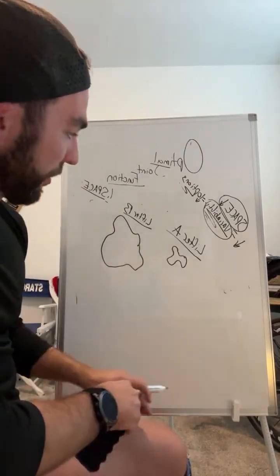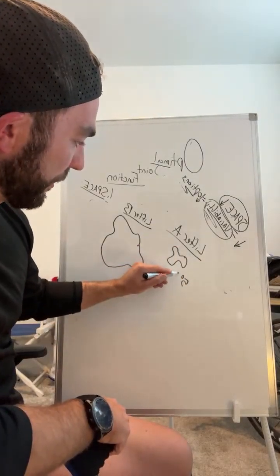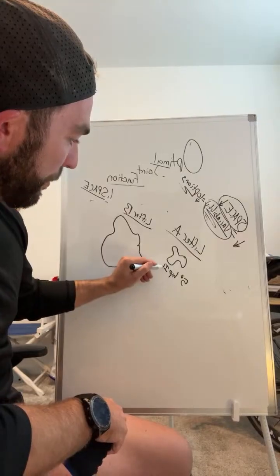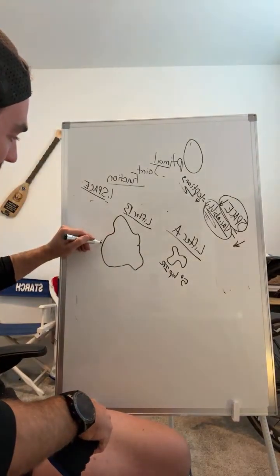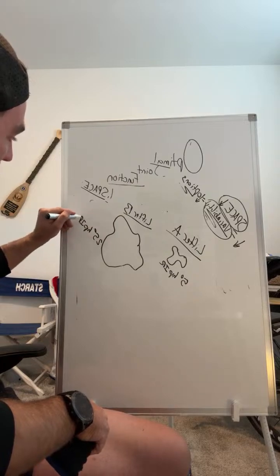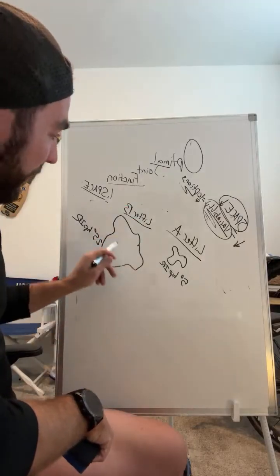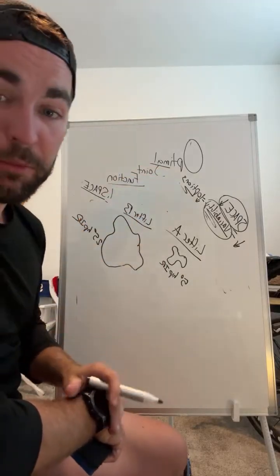Well, here's what we have to understand: lifter A, let's say, has 5 degrees of hip rotation, okay? So let's say it's hip internal rotation. Say lifter B has 25 degrees. Cool. So we know that lifter B has more space, so they have more availability, more options, more tissue.